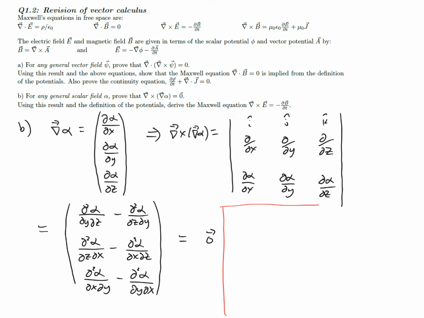So let me take the definition of the electric field in terms of the potentials, which is written there at the top of the screen. We have the electric field is minus the gradient of the scalar potential minus the time derivative of the vector potential.